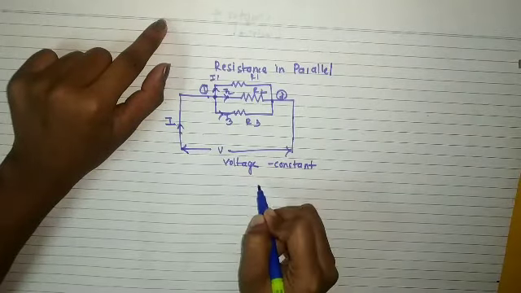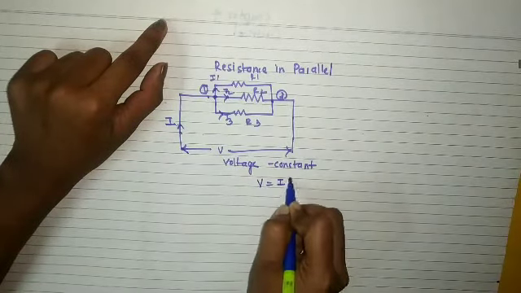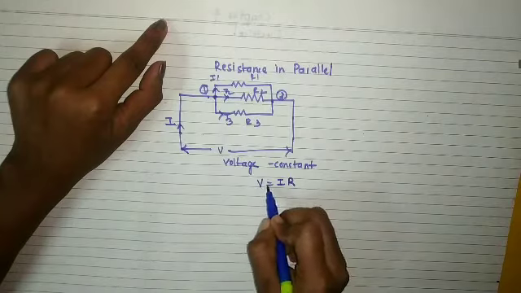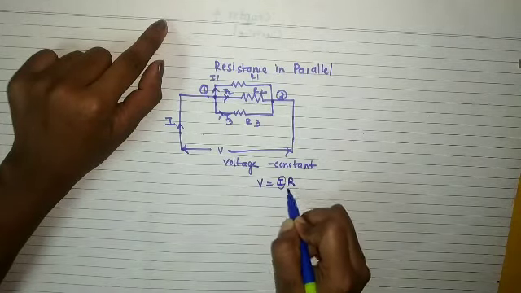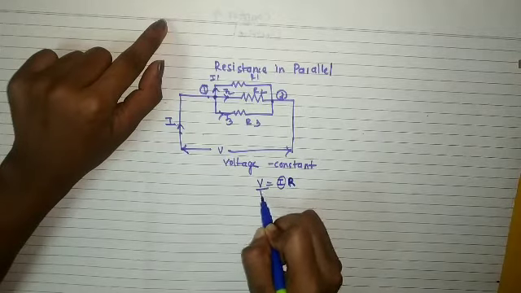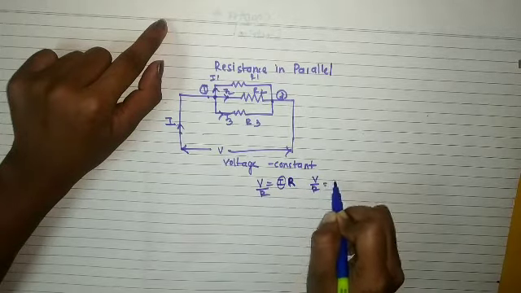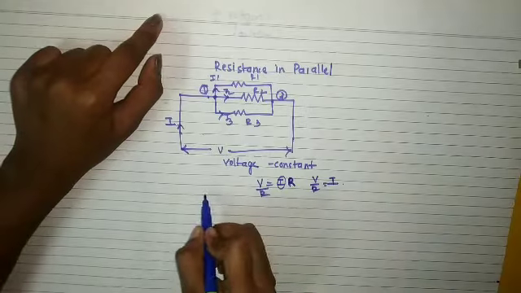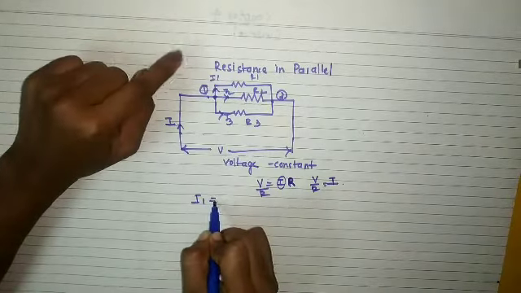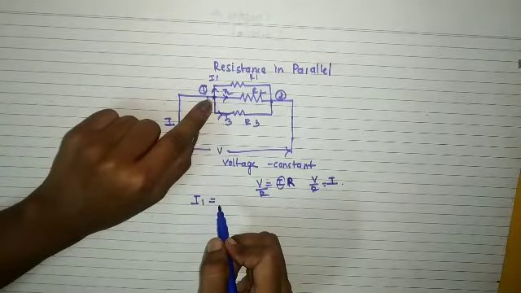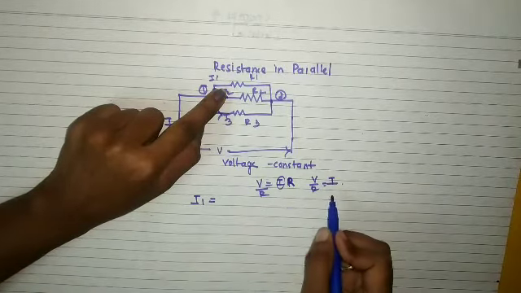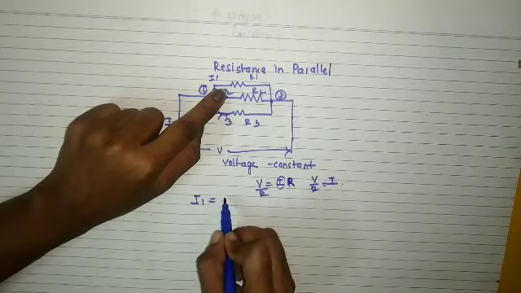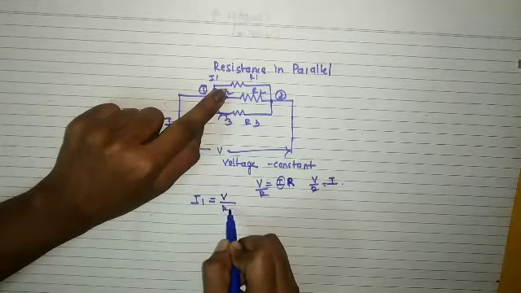According to Ohm's law, V is equal to IR. Voltage is constant, and now we have to calculate I. So we'll transfer R to the other side, so V by R is equal to I. For I1, we can see in the diagram that I1 is flowing through R1, so I1 is equal to V by R1.